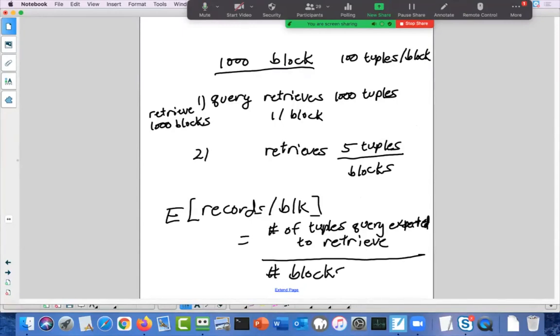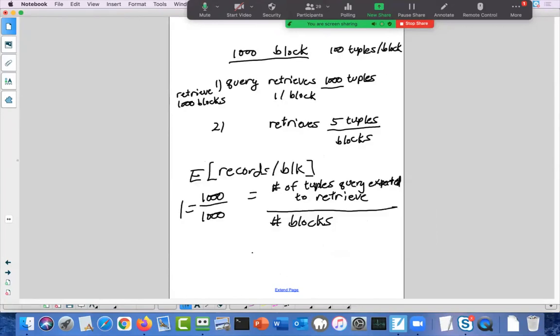That's what I mean here. So in the first case, I said the query retrieves 1,000 tuples. So we're saying it's 1,000 divided by 1,000. So on average, that query is returning 1 record per block. In the second case, the number of tuples retrieved by the query is roughly 5. The number of blocks is 1,000. So now we're down to 0.005, which is much less than 1. So that's what I was meaning by my notation.